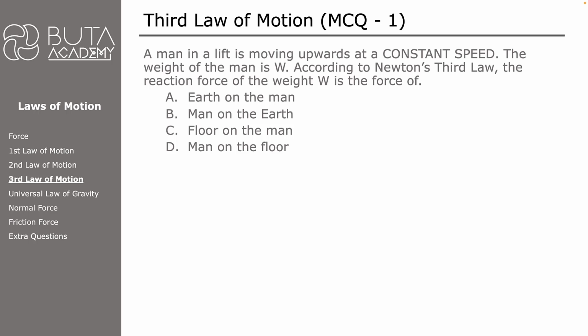We will learn more about weight in one of the upcoming videos. For now, it is sufficient to know that it is the force applied on an object by Earth or a planet. If Earth applies a force on a man, according to the third law of motion, the man will apply a force on Earth. So the answer is B.